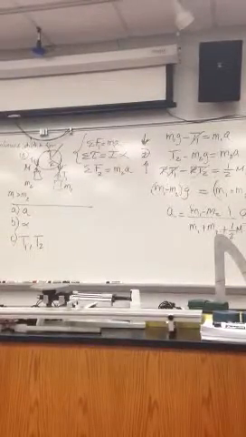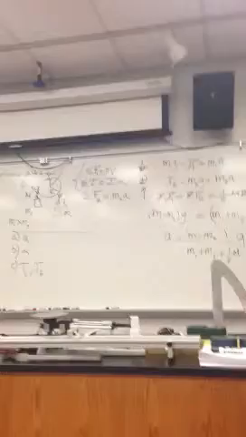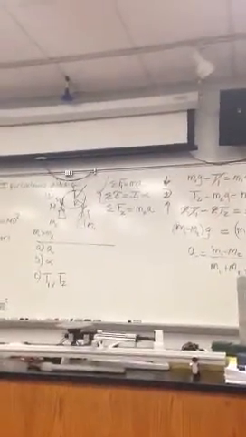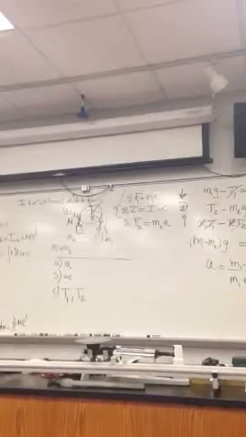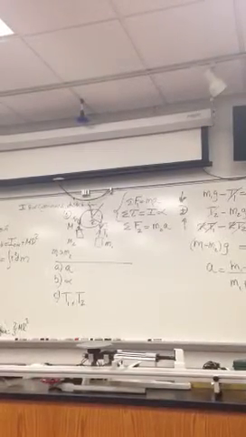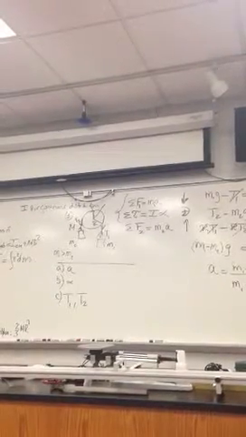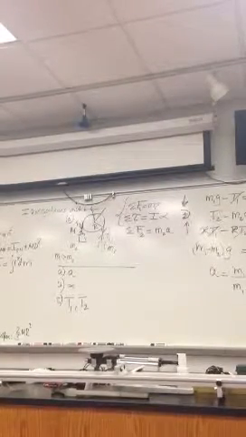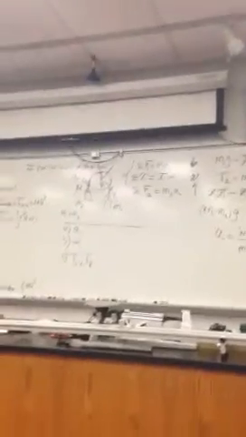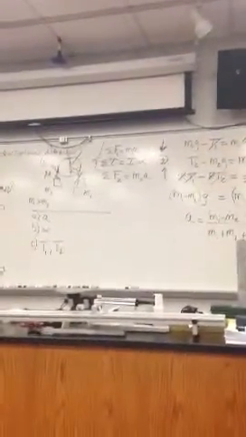The question: a mass m of 4 kg is connected as shown in the picture by a light cord to a mass M of 6 kg, which lies on a smooth horizontal surface, no friction. The pulley rotates about a frictionless axle and has a radius given, and a moment of inertia I given.